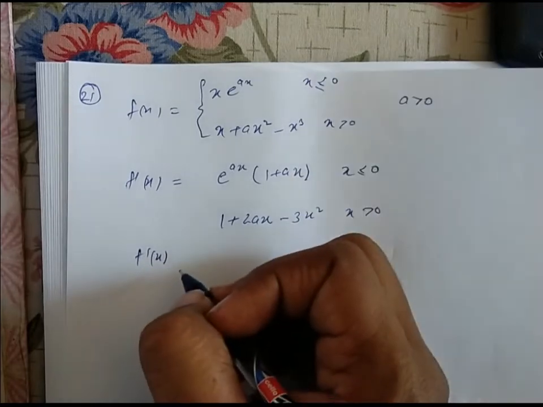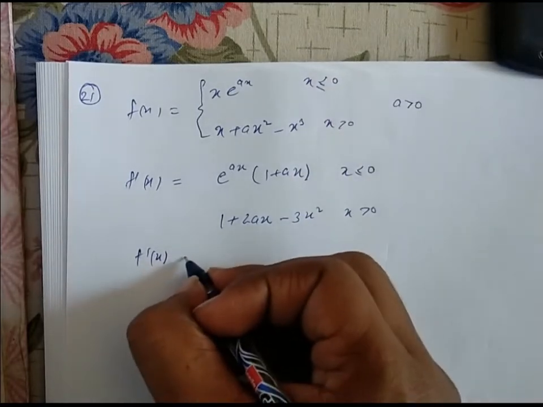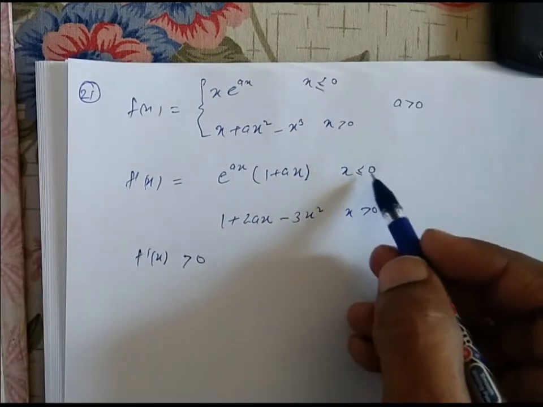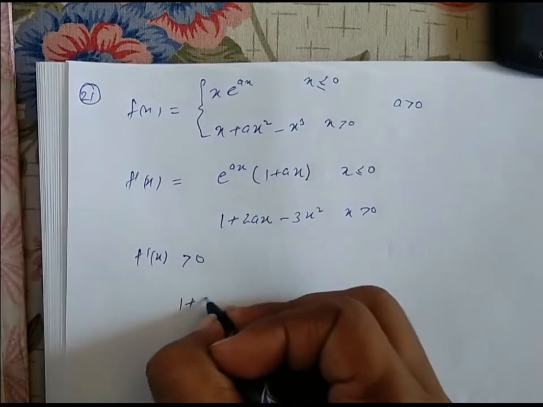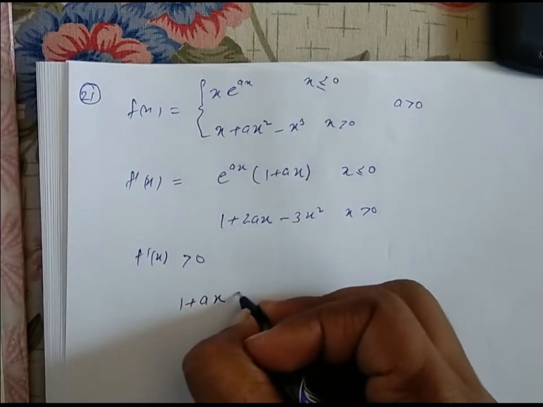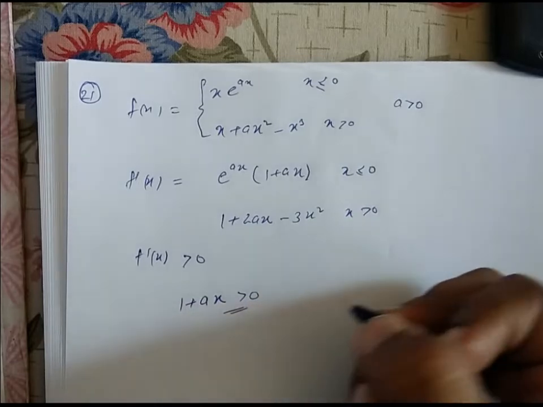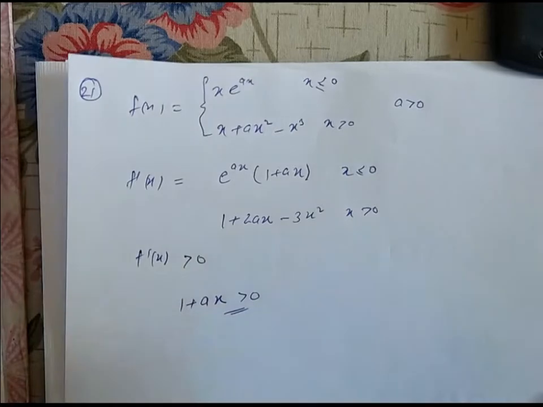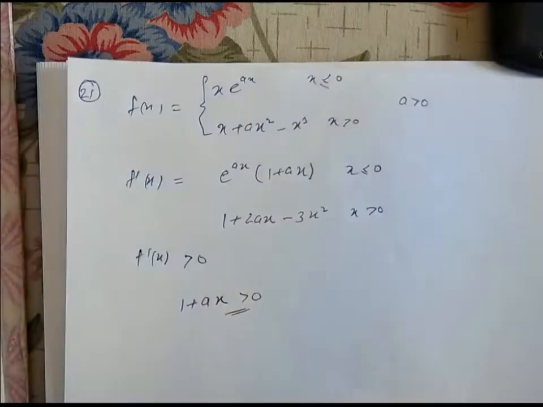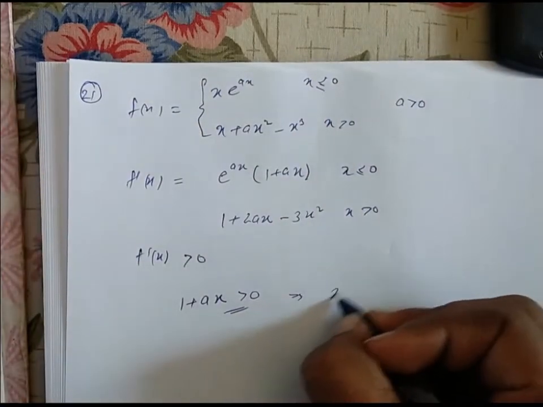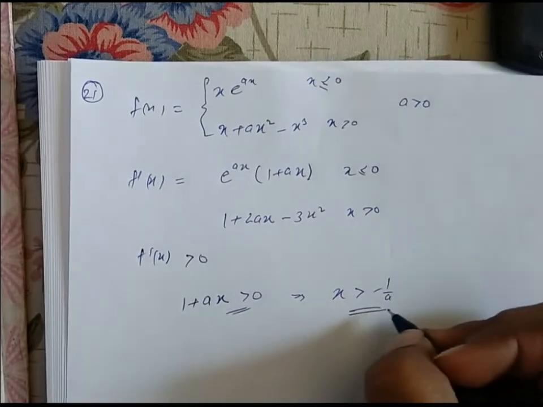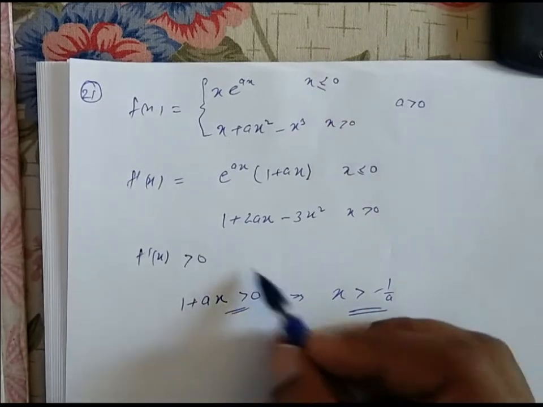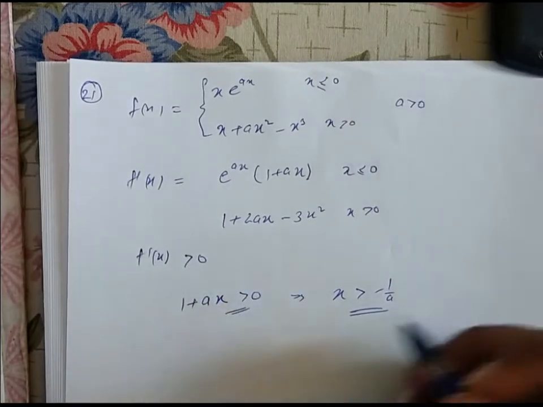So for the function to increase, f dash x has to be greater than 0. So first calculating for x less than 0, 1 plus ax has to be greater than 0. Okay. So x over here comes out to be x greater than minus 1 by a. Okay. But this case is only applicable for x less than or equal to 0.